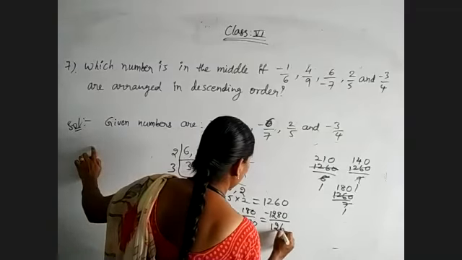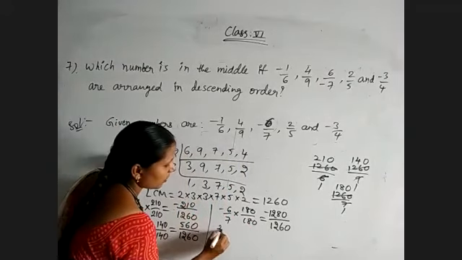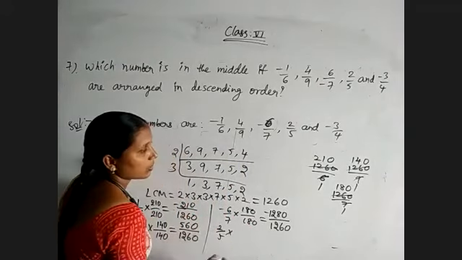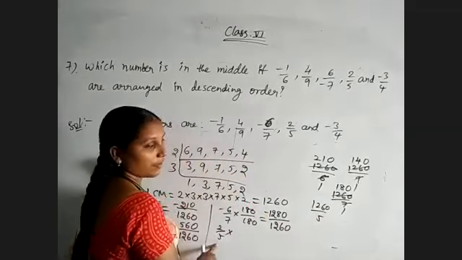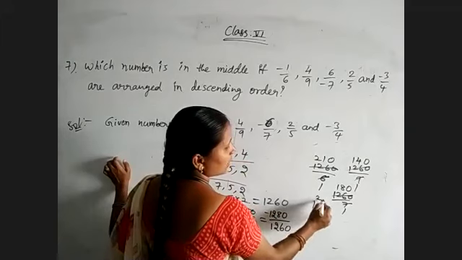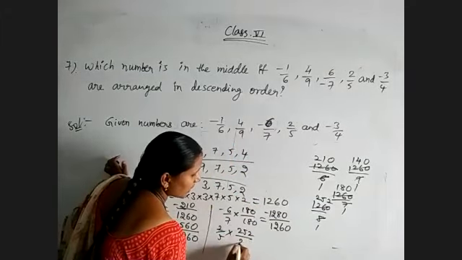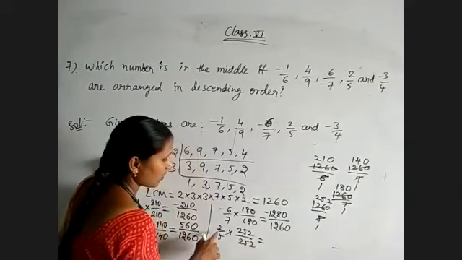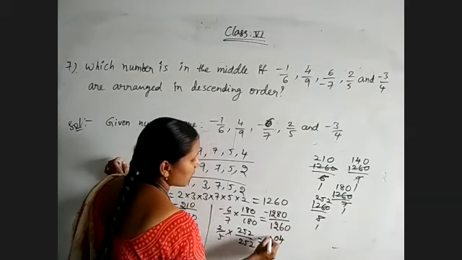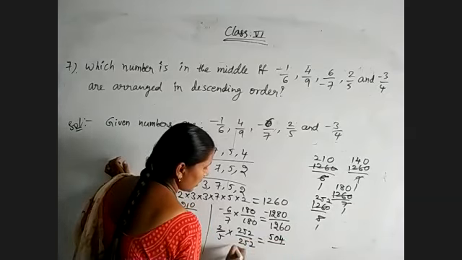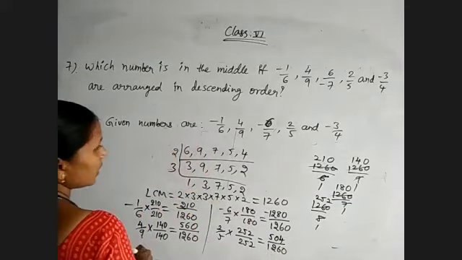Then 2 by 5: divide 1260 by 5 because the denominator is 5, and we get 252 by 252. 2 times 252 is 504, so 504 by 1260.